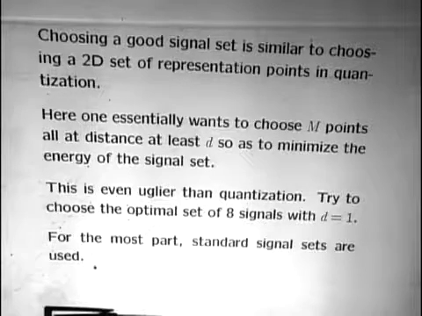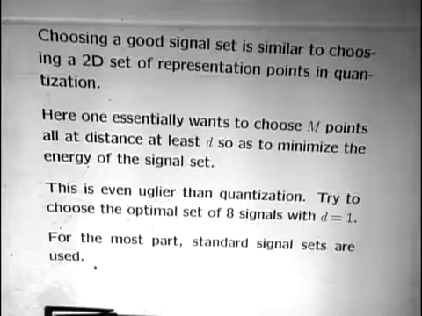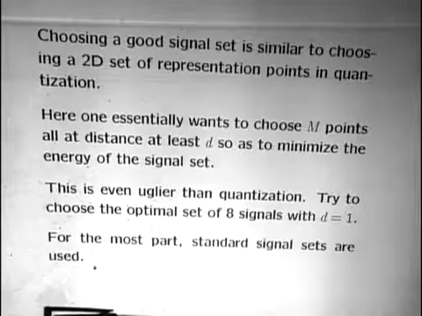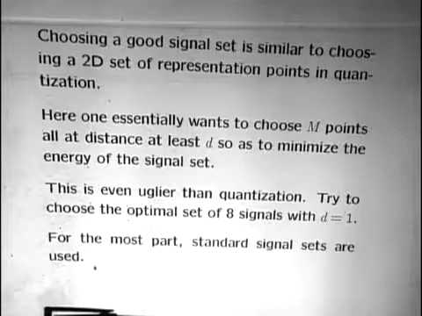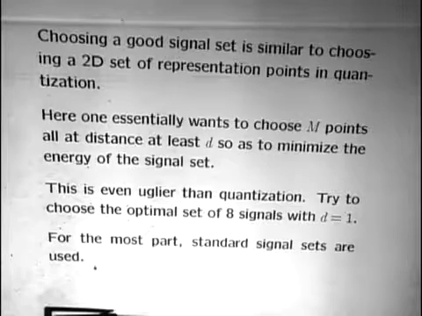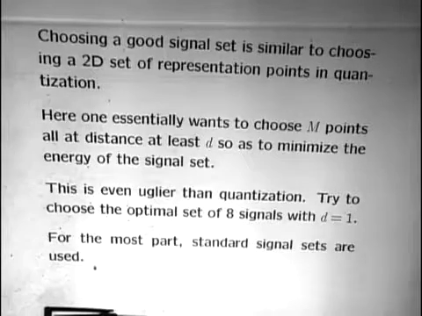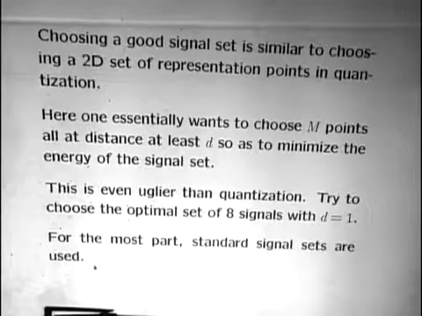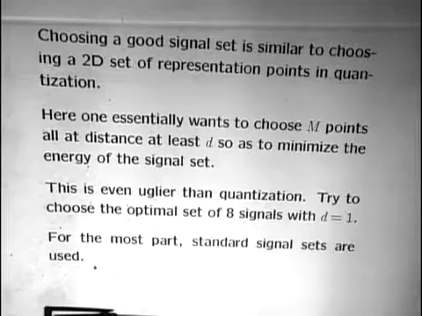We found that for quantization, that wasn't a terribly nice problem, although at least we had algorithms to try to choose reasonable sets. We then looked at entropy quantization and things like this, and it was a certain amount of fun. Here, this problem is just ugly. There's no other way to express it. I had to be convinced of this.